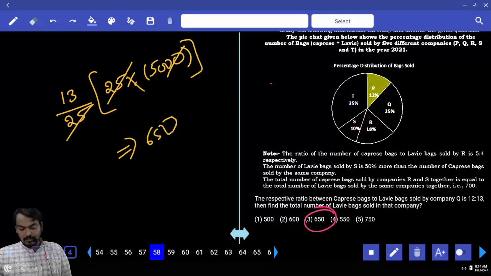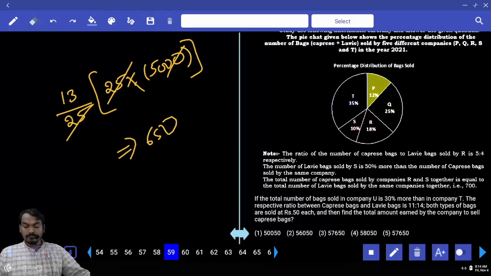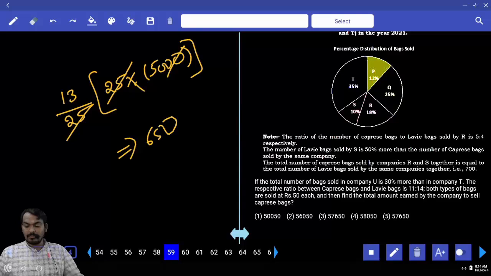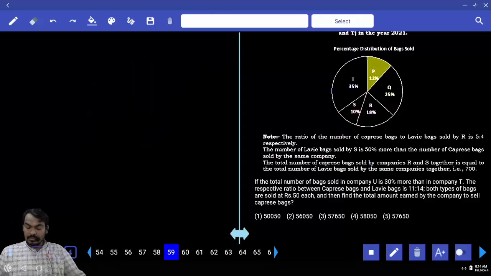Next, question number 59. The total number of bags sold by company U is 30% more than company T. The respective ratio of C bags and L bags is 11:14. Both types of bags are sold at 50 rupees each. Find the total amount earned by the company from selling the C type of bags.